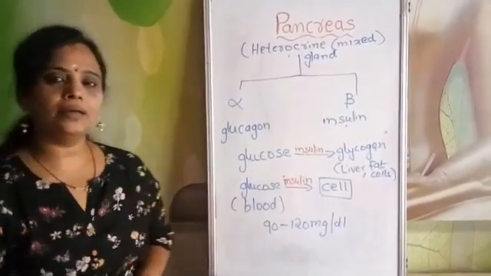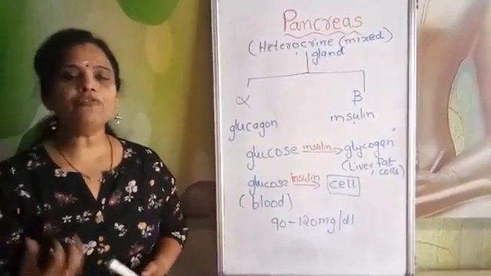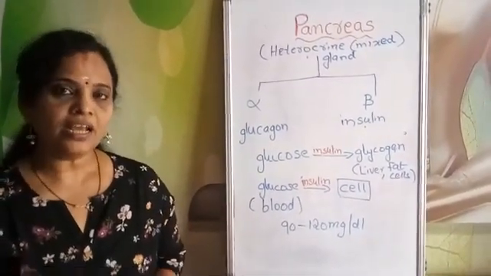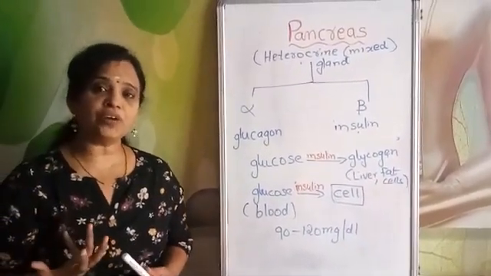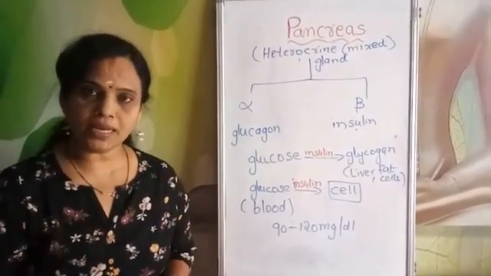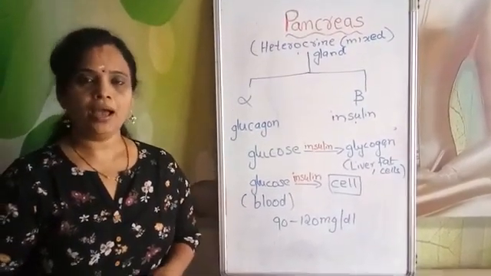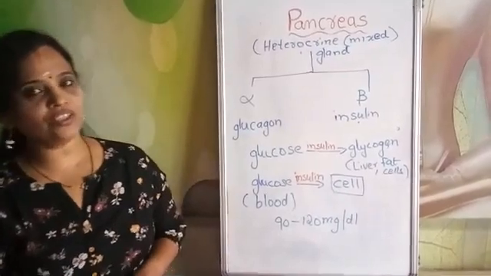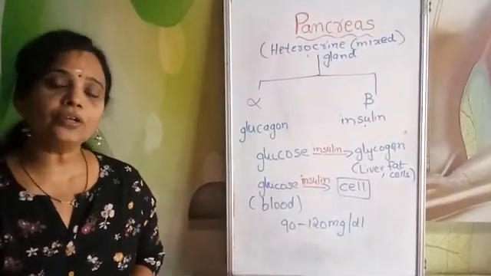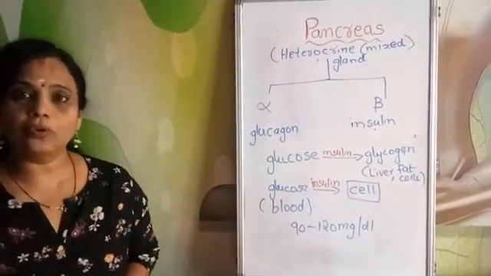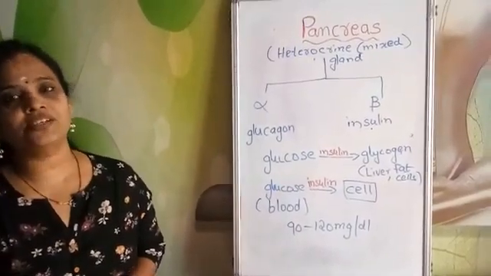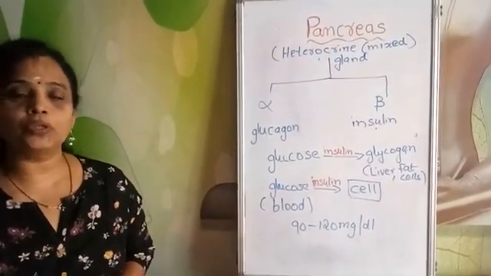Now, you know that when we take food, the main food we take is carbohydrate, which is the first one that will be used by the cell to produce energy. And we also know that at the end of digestion, the carbohydrate you take gets converted into glucose, and that gets distributed to the cells through the blood.